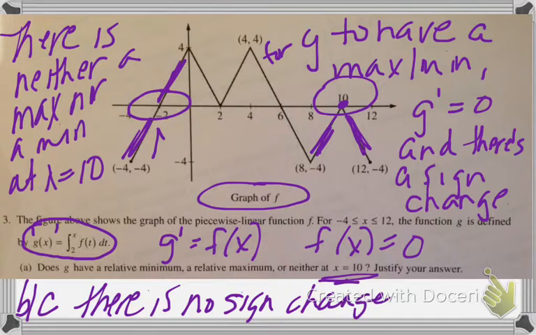Or you could say because it's negative and then it's negative and no sign change. But you have to use the words because there's no sign change. So this question was worth 1 point for this. Whoop, I just lost my page. Sorry. I don't know what just happened there, but that would be the answer for that. You would say because there was no sign change.